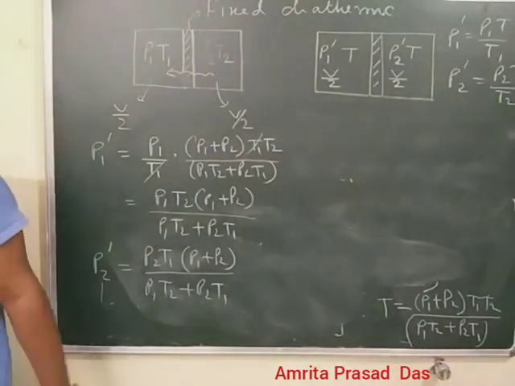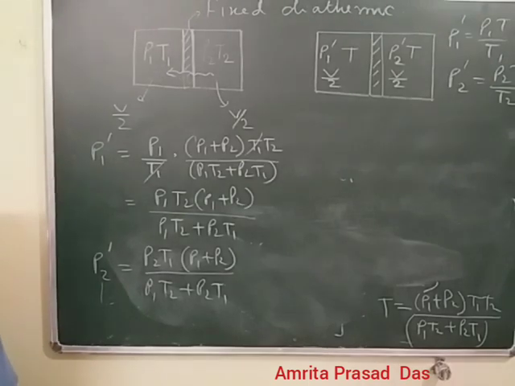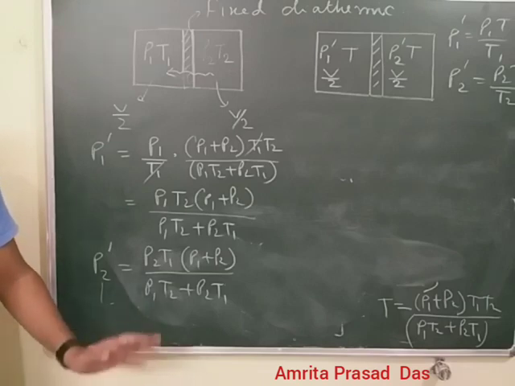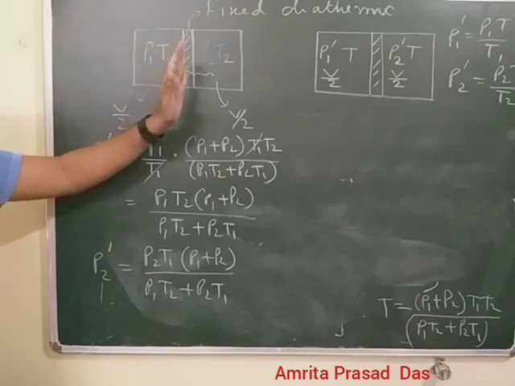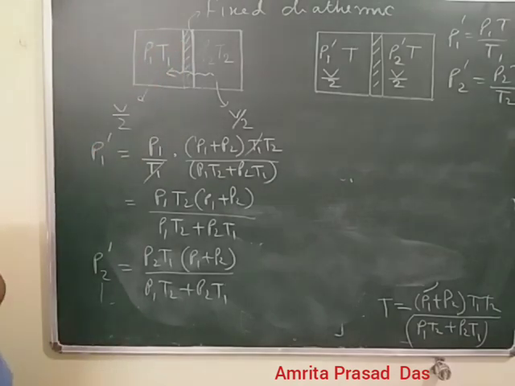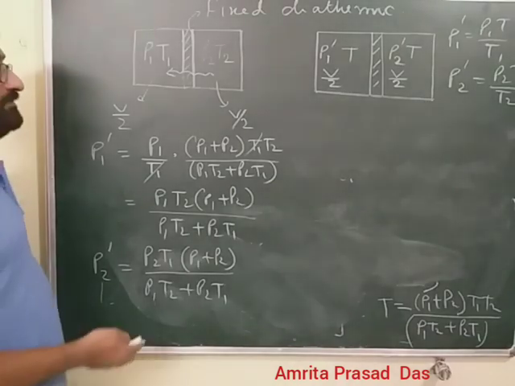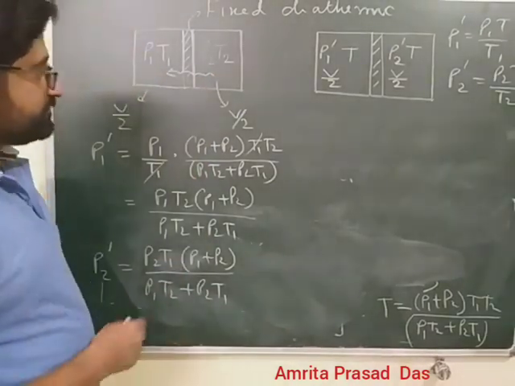Now the last part of the question, you are asked to find out how much heat has flown from the gas on the right to the gas on the left. Right to left.